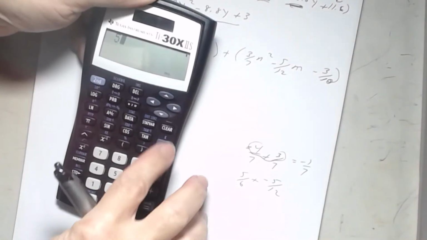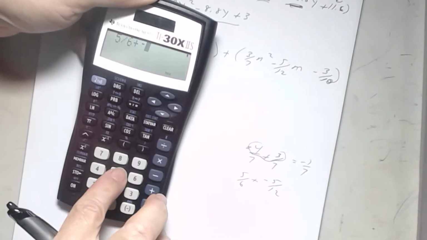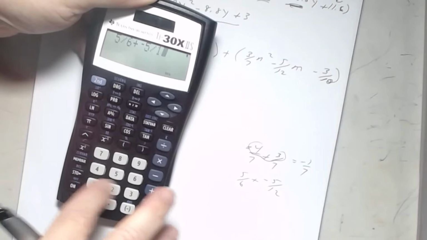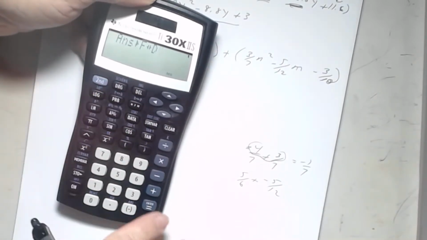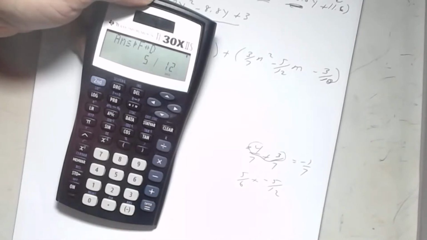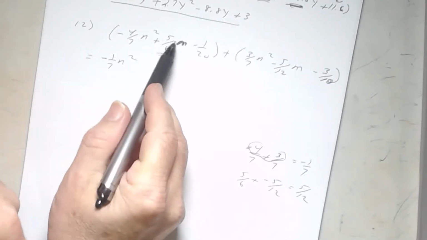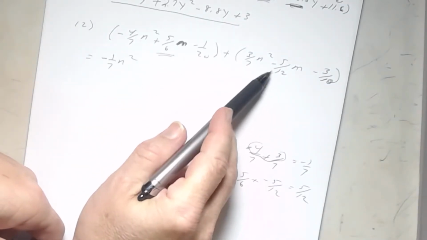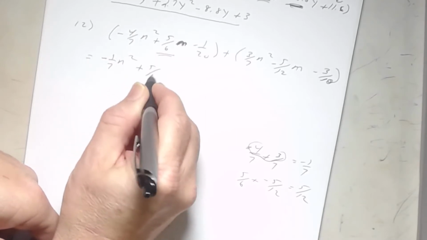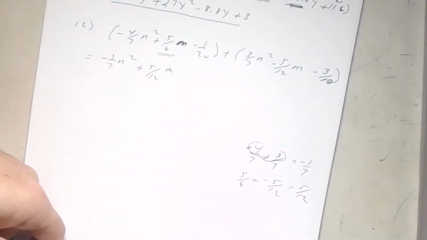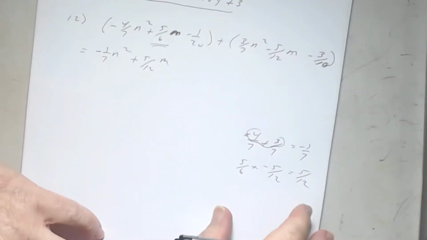So 5 divided by 6, plus negative 5 divided by 12, equals this decimal. So I change it back to a fraction, and I get 5/12. Okay? So that means that 5/6 m and a negative 5/12 m is what? Positive 5/12 m.